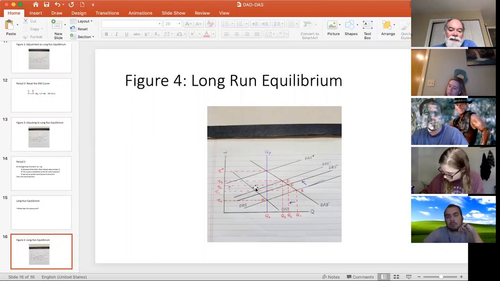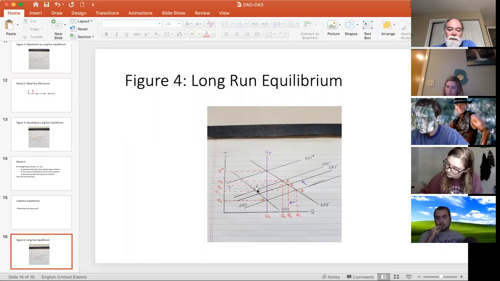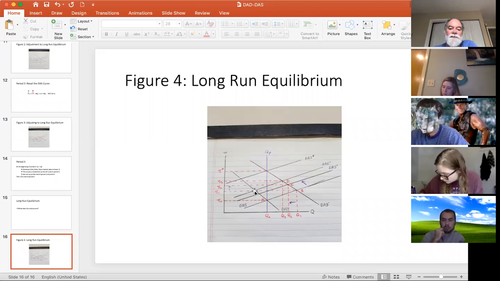We would be right here. Can you see the cursor? Right here? Okay. So we would be under potential. Now the problem is people would still be expecting inflation to be where it was at point D, which is pi 3.